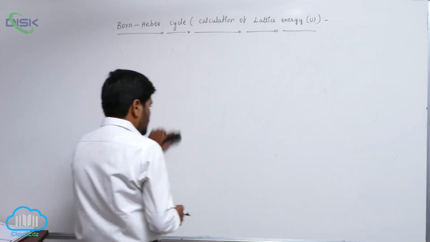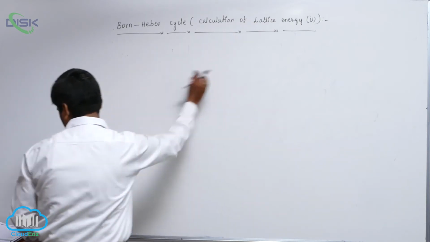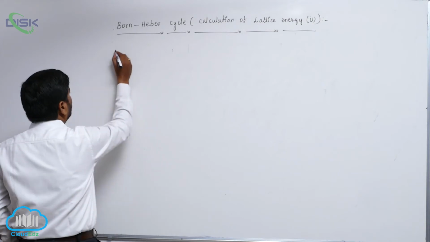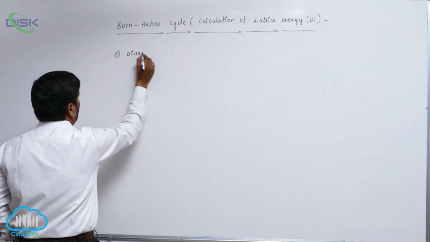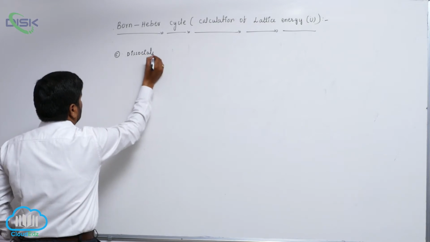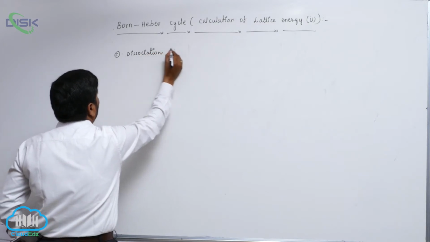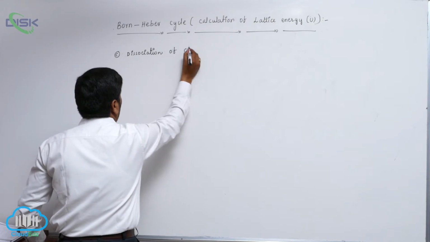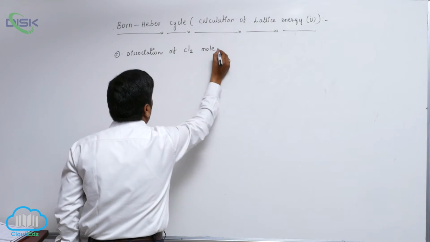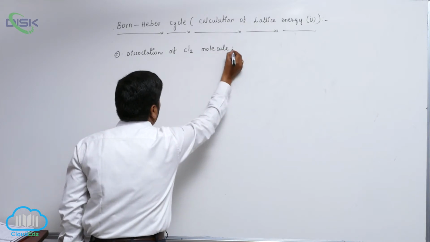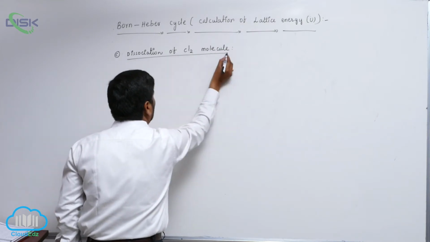Then B is over. Then C is dissociation of Cl2 molecule.